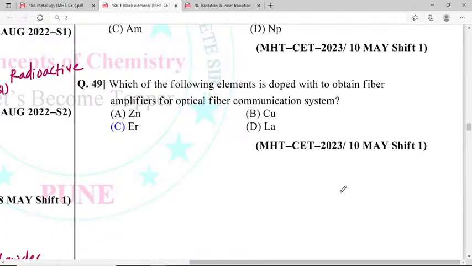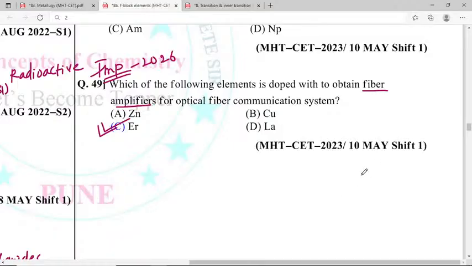Which of the following elements is doped to obtain a fiber amplifier for optical fiber communication? Erbium. This is a very important question for the 2026 exam.